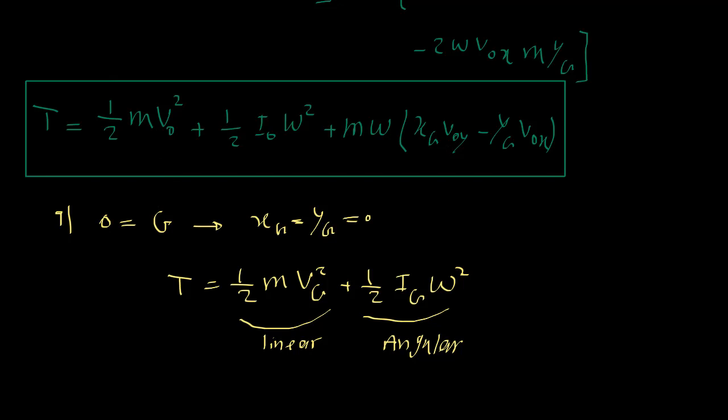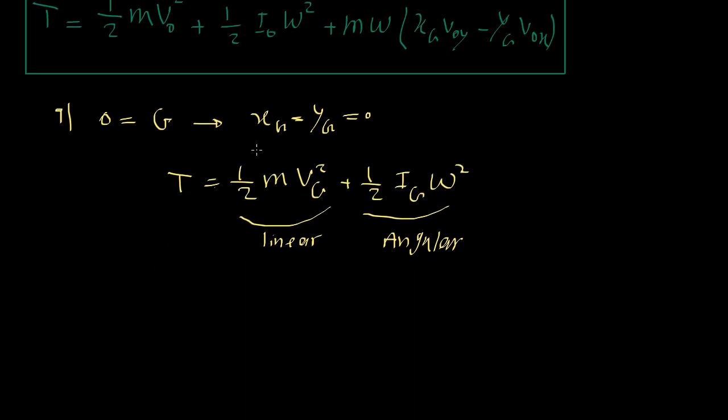The second special case is if O is stationary. O doesn't have any velocity. The velocity of O is 0. If that's the case, then VOX is equal to VOY is equal to 0.